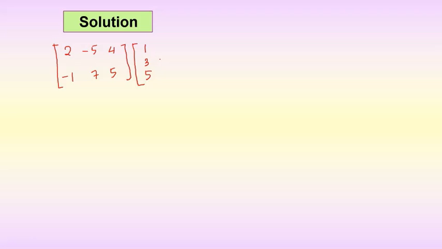The second column is 2, -2 and 4. Next we have -3, 1 and 0. And the last column is 5, 5 and 7.